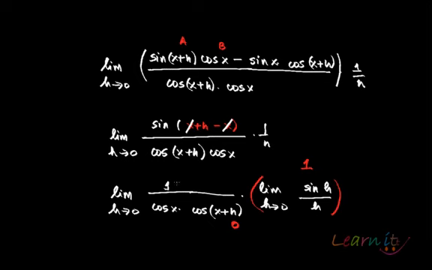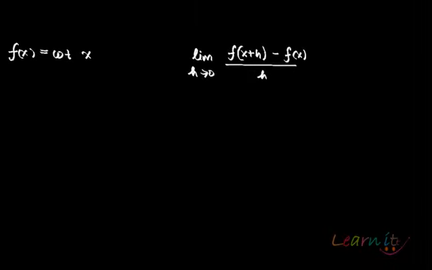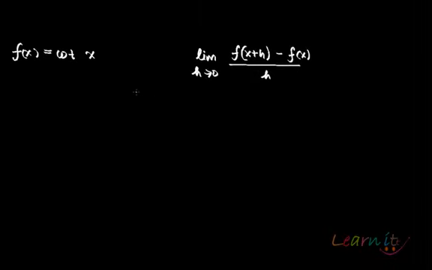So this will become 1 upon cos x into cos x, so that would become 1 upon cos square x, and that would become secant square x into 1. So f dash x is basically secant square x.